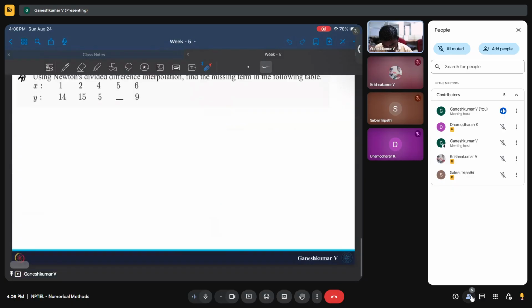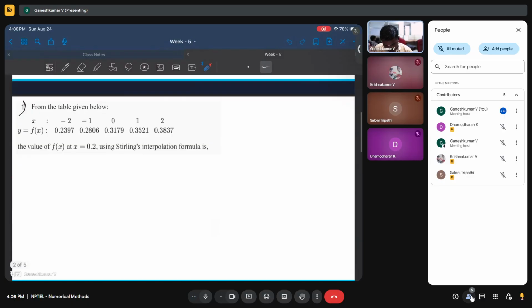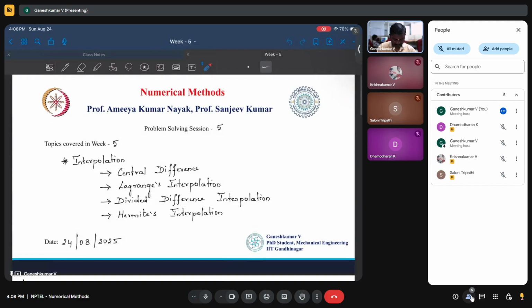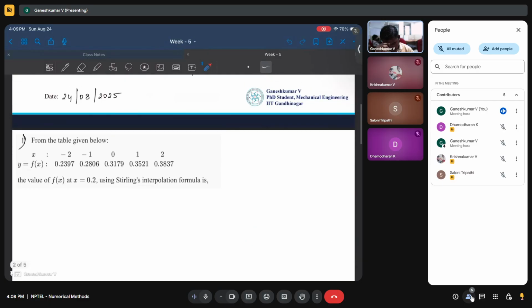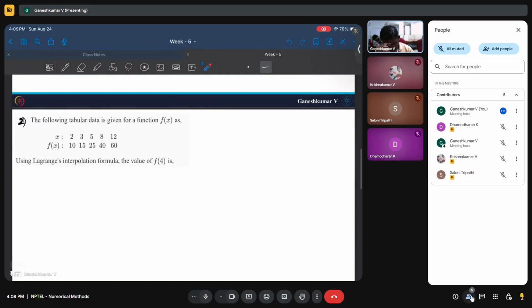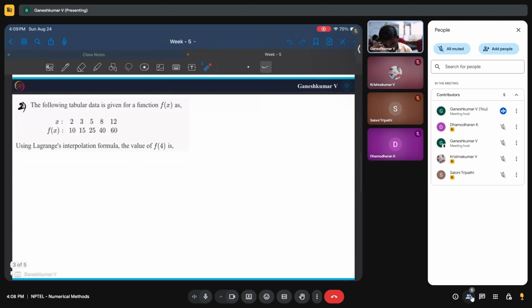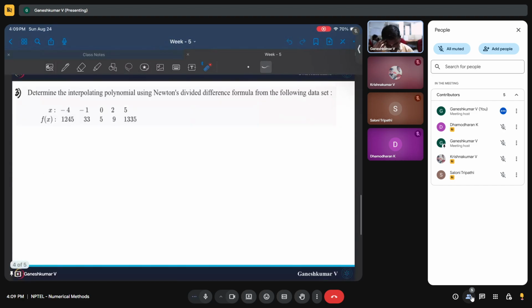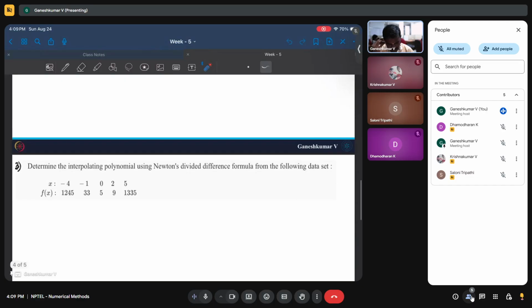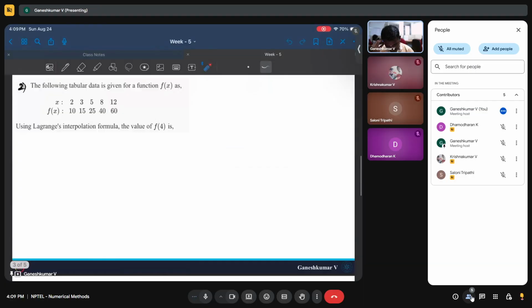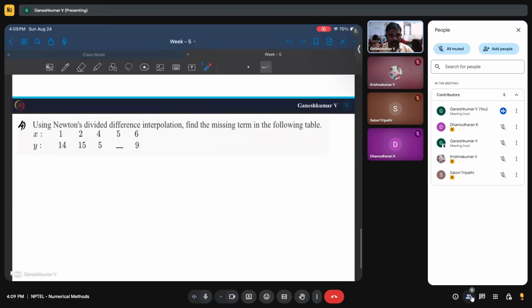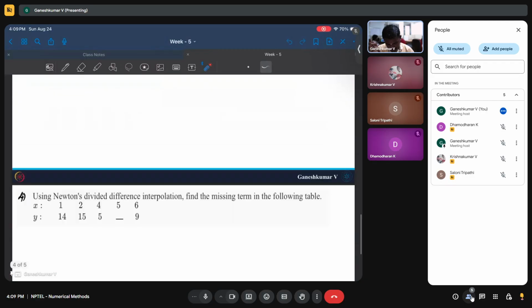So today I have 4 problems to solve. One is on Stirling interpolation formula, the other one is Lagrange interpolation formula, and the other 2 are Newton's divided difference formula. So Hermite I do not have today, but I think you can manage that.